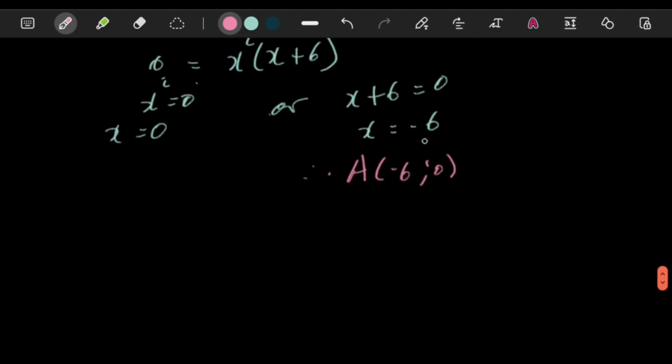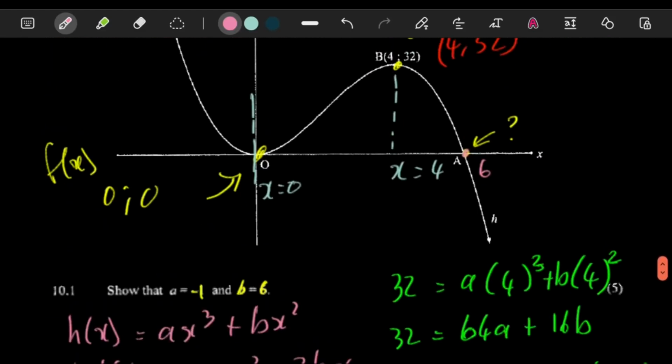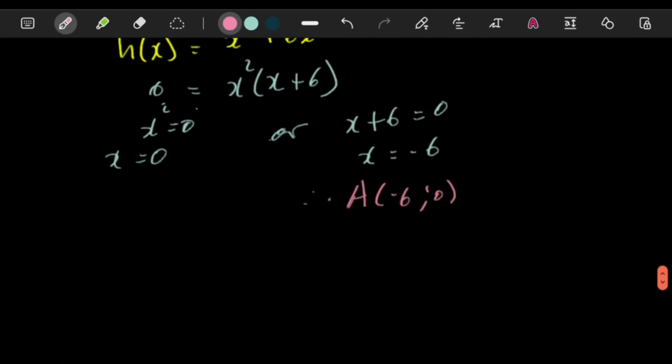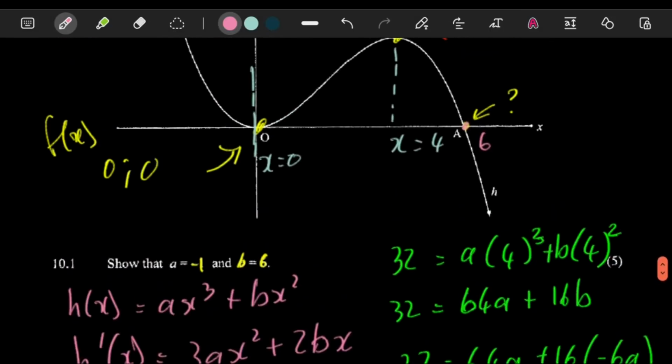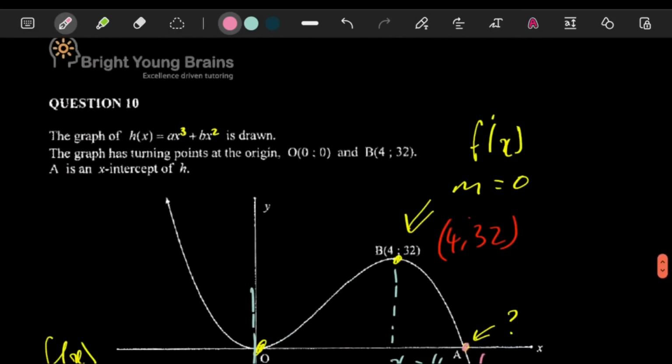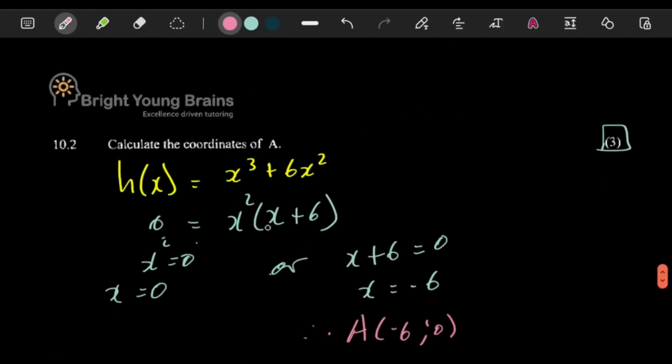Now I need to check what I did wrong here. Oh, it's squared, but I took out the squared.